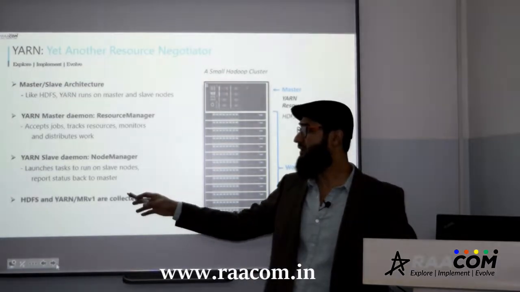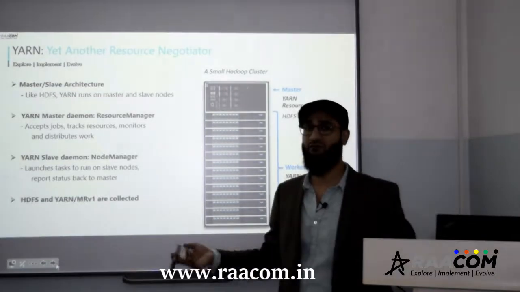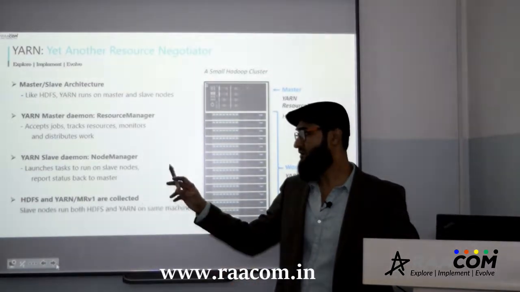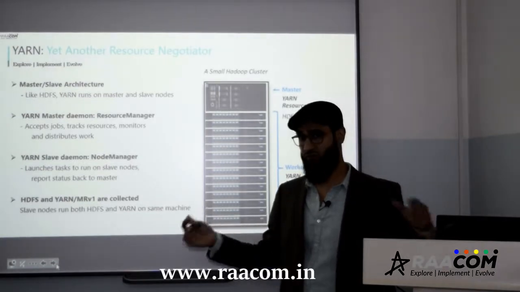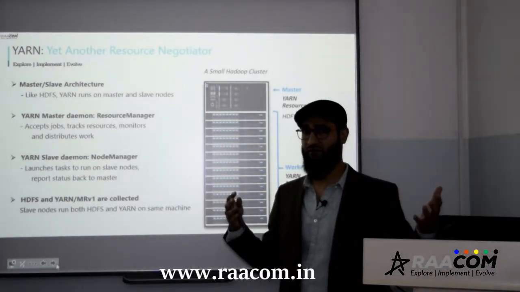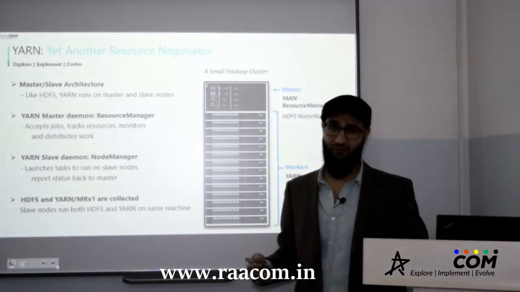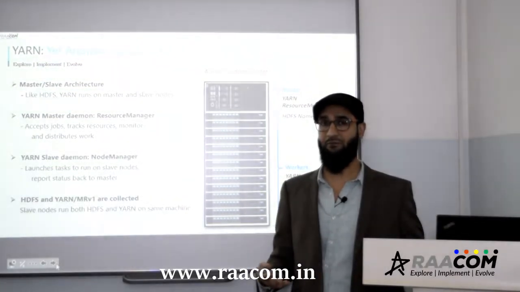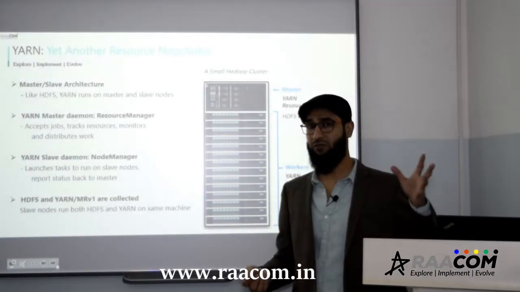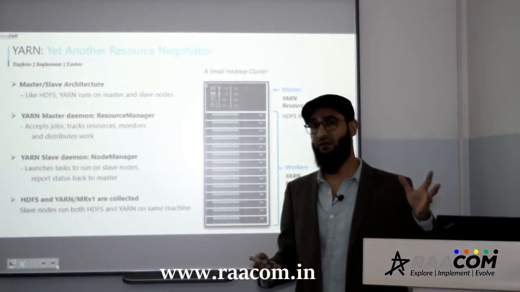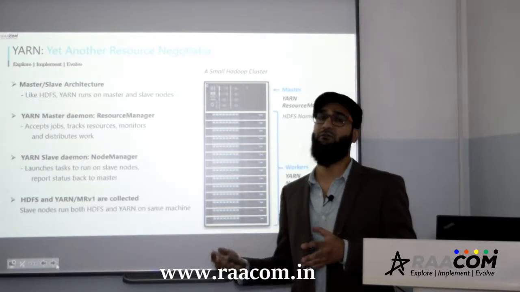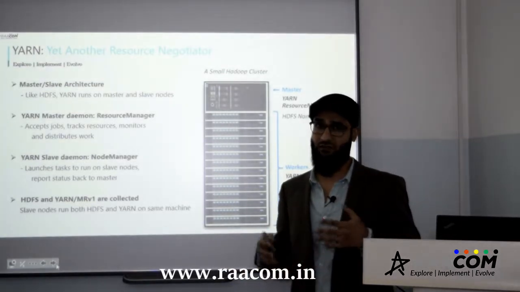HDFS and YARN are basically a collective architecture. The slave node runs both HDFS and YARN on the same machine, because the main purpose, you remember, is the concept of taking the calculation near to the data rather than taking the data near to the calculation.